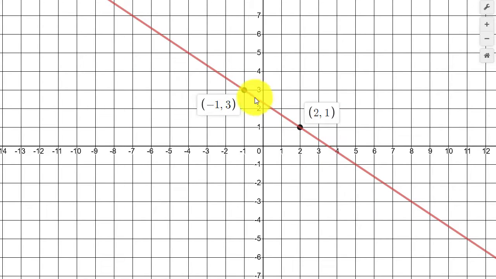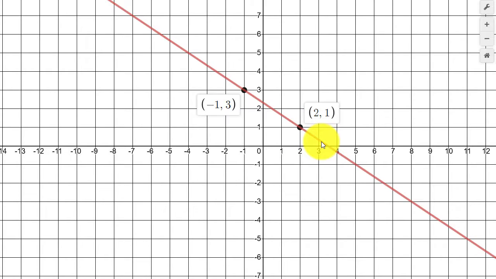So you have your choice of selecting one of the points, whichever is more comfortable for you. I would go with the point on the right-hand side since it has fewer signs. But like I said, if you're more comfortable with the point at negative 1, 3, that's fine too. Either point is going to work, but we only need to select one point.